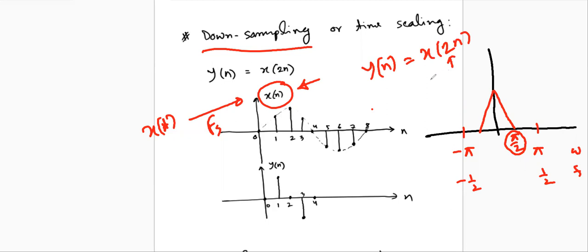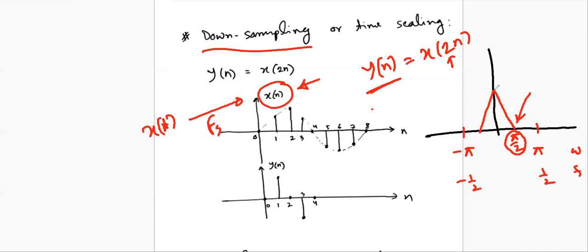If you downsample it, what will be the maximum frequency in the omega scale? What would be the maximum frequency in the omega scale for yn? If I want to draw the yn, pi to -pi. Very good answer.